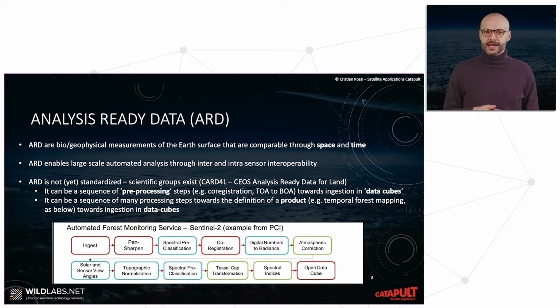It's not yet standardized as a concept, and several scientific groups now exist to define the specification of analysis-ready data, because several processing steps can be performed to get that specific processing. But I think it's important to mention the name so that we are familiar with it. Generally speaking, this is very good when we want to do large-scale automated analysis through both inter- and intra-sensor interoperability.